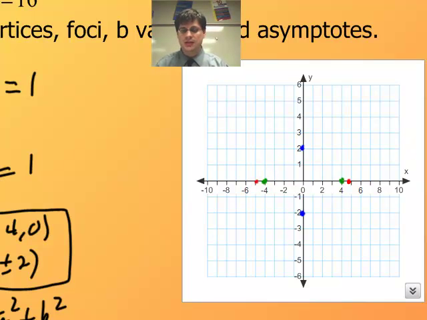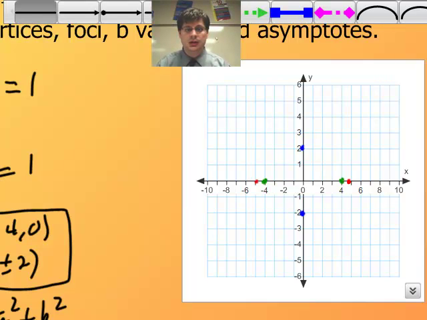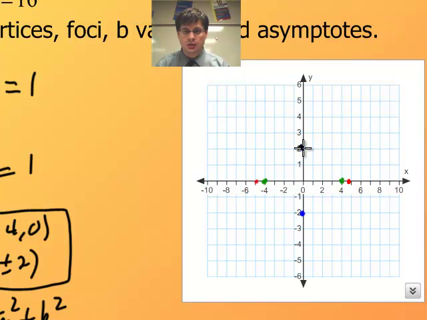Okay, and then what I can do is draw a box, a rectangle, if you will, that will connect the vertices with the b values.